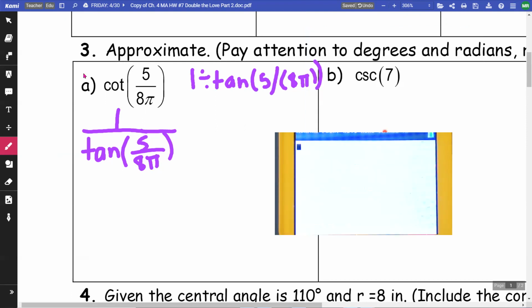But I'm just going to do it as a fraction. So I am going to press alpha y equal to get my fraction, and type 1 over tan of, as a fraction again, 5 over 8 pi.